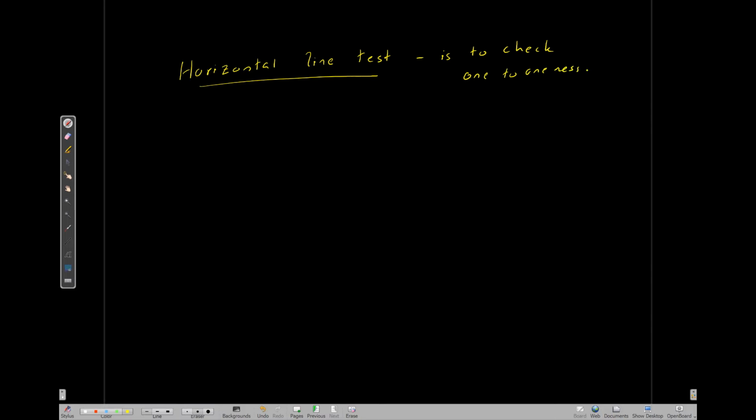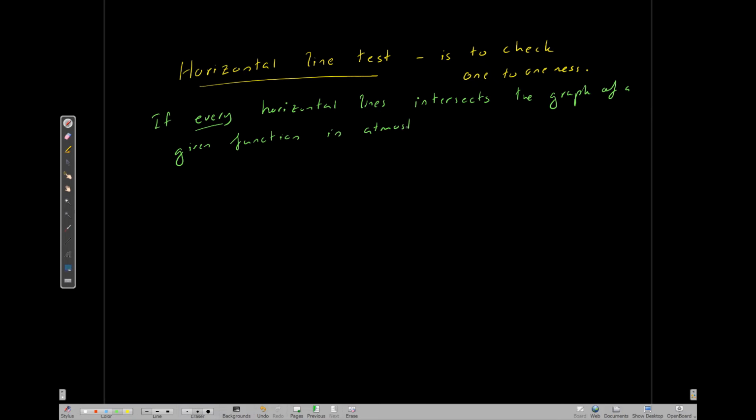Now let's see what the test is. If every horizontal line, every, that's important, every horizontal line, so infinitely many lines, intersects the graph of a given function in at most one point, so not more than one point, then the function is one-to-one.